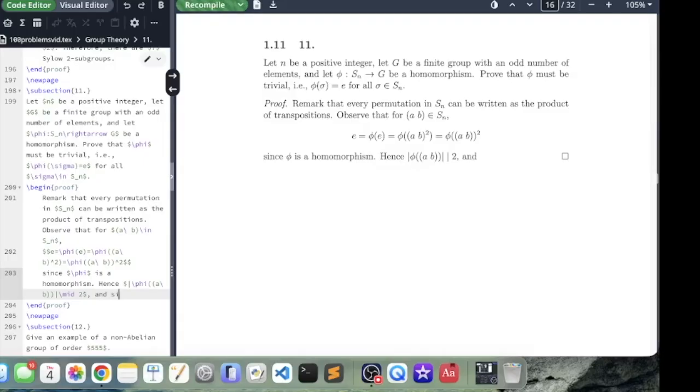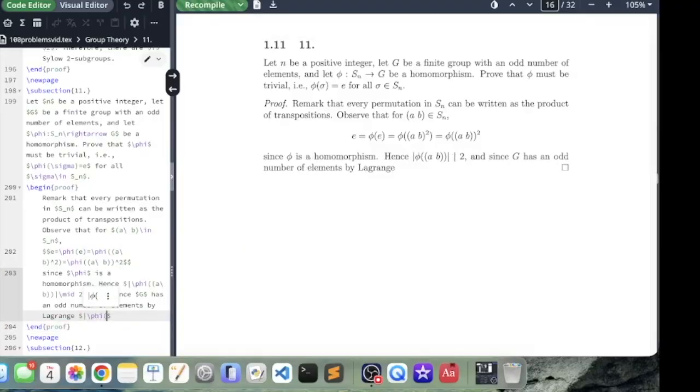And since G has an odd number of elements, by Lagrange, the order of phi of any transposition has to equal 1. Because the only divisors of 2 are 1 and 2, it can't be 2, because Lagrange says it has to divide the order of G, but the order of G is odd, hence it has to be 1.